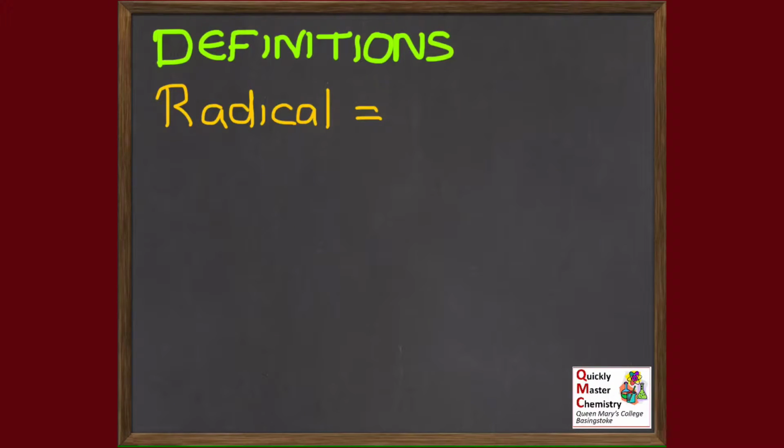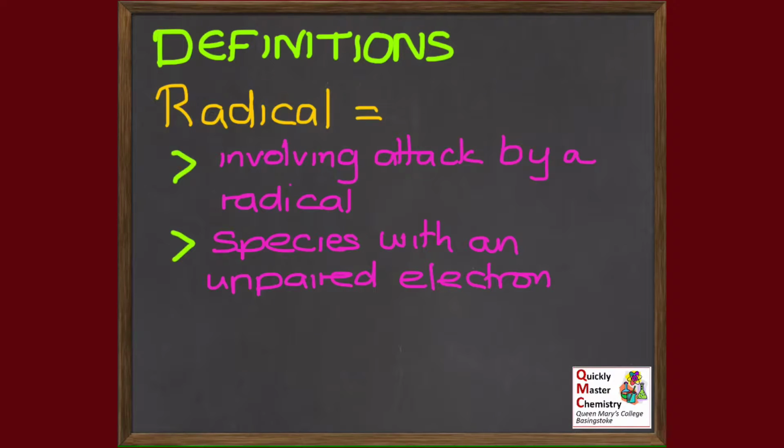The third and final type of attack that you need to know is a radical attack. So what do we mean by radical attack? Well, it involves attack by a radical. What is a radical? This was discussed in some length in the third video in the Making Sense of Organic Mechanisms series, so I'm not going to dwell on it in detail here. The point though really with radicals is that they attack just about anything.